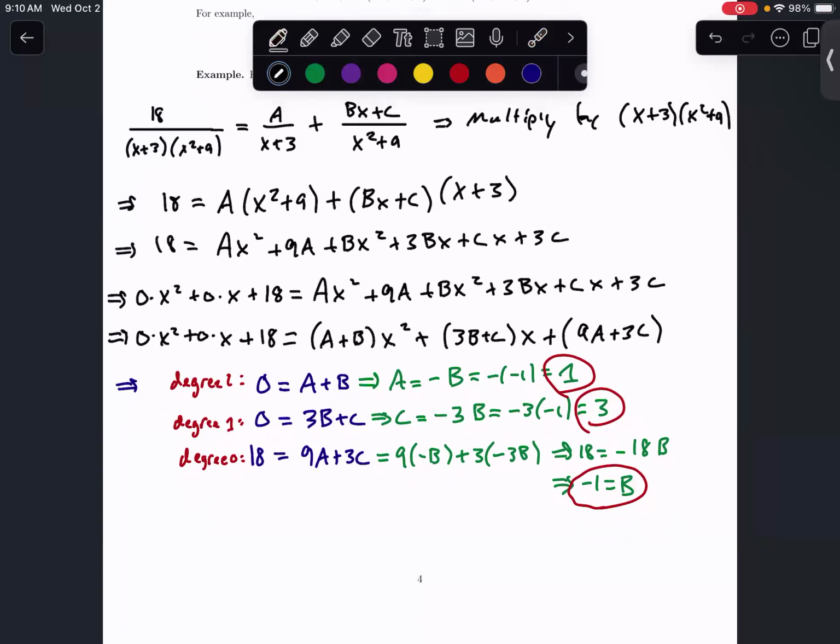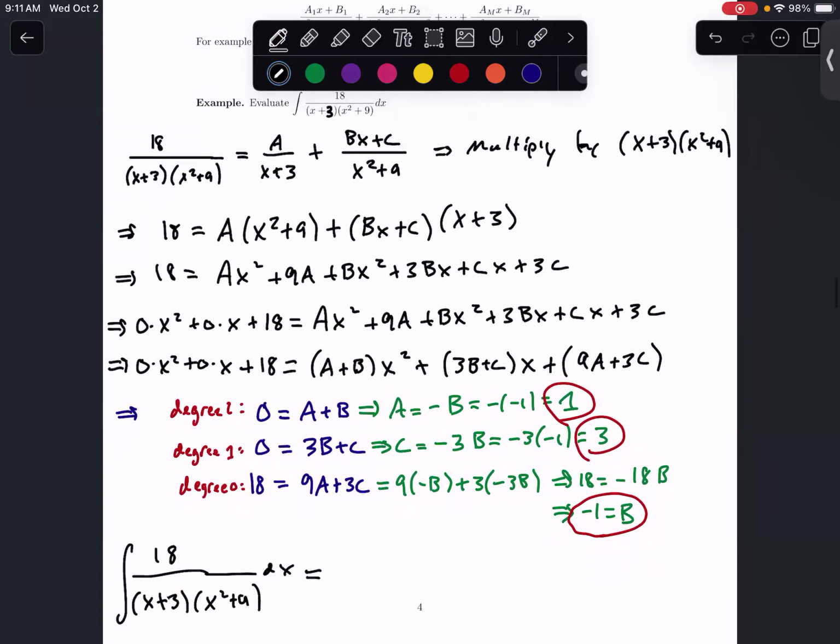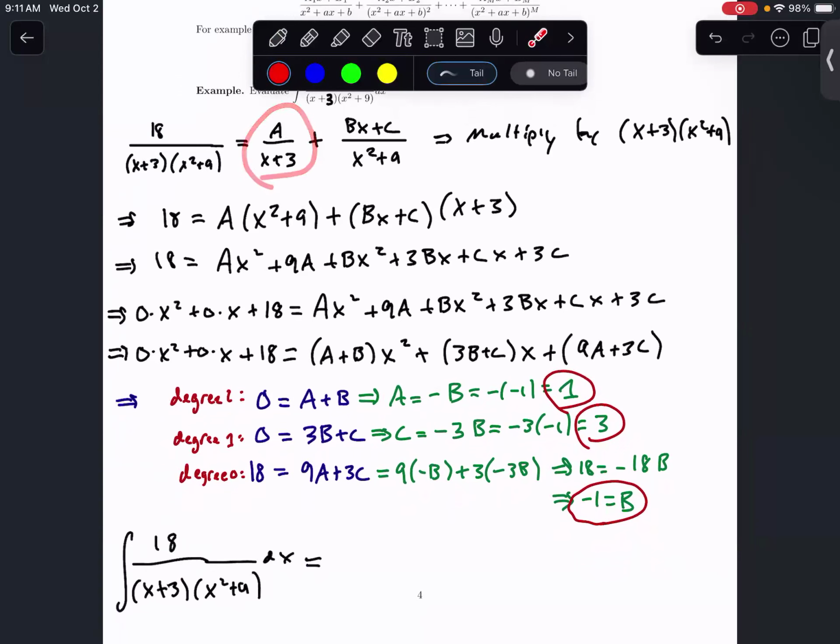So what we ended up finding is that this integral of 18 over (x plus 3) times (x squared plus 9) dx, we can really write as being equal to the integral of a over x plus 3. We have a is equal to 1, so this is just going to be the integral of 1 over x plus 3 dx.